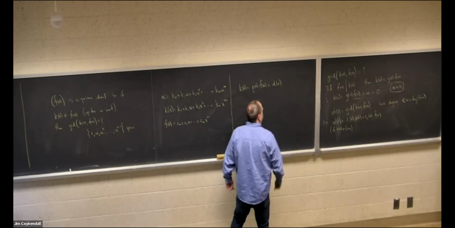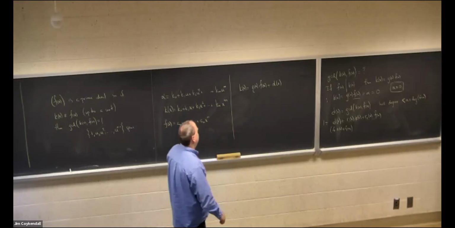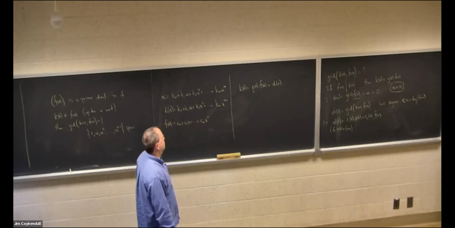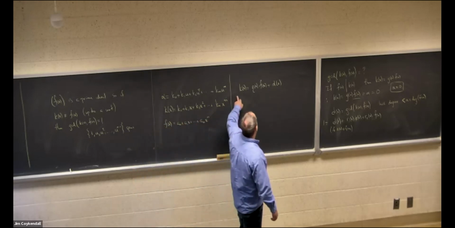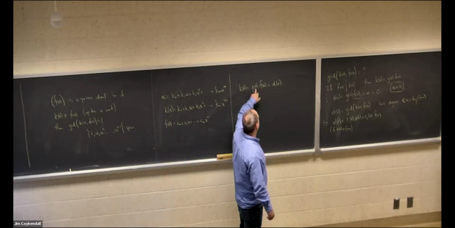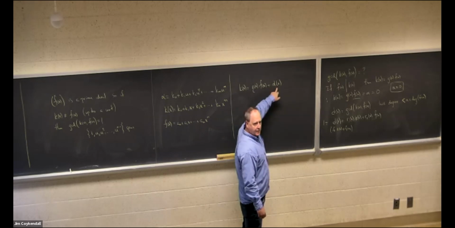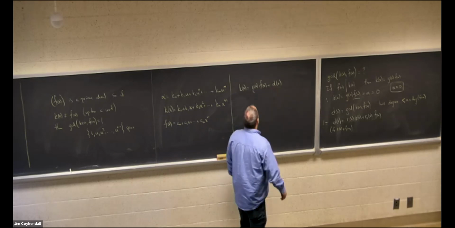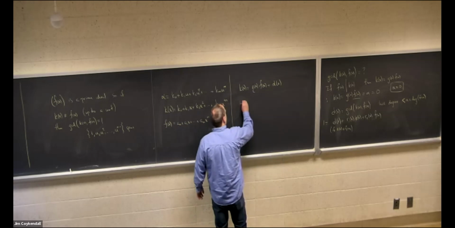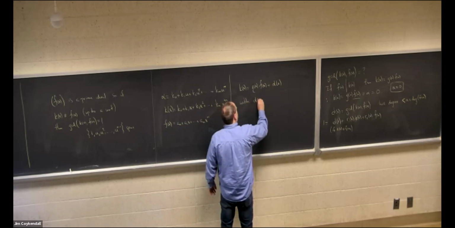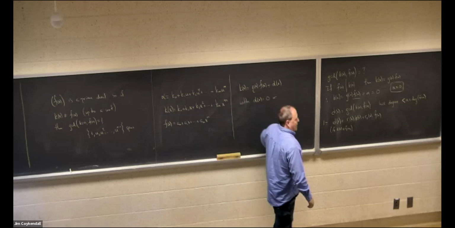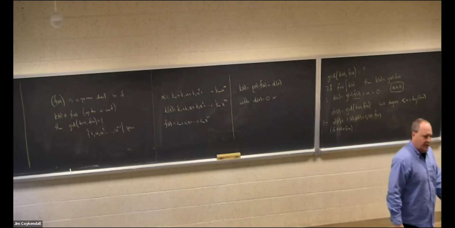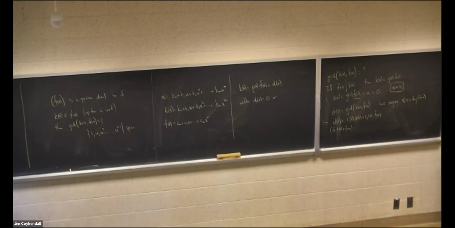K of x is divided by f of x with quotient q and remainder d of x. What can you say? When you divide k of x by f of x, you either get d of x equals 0, so you've got complete division, or what?